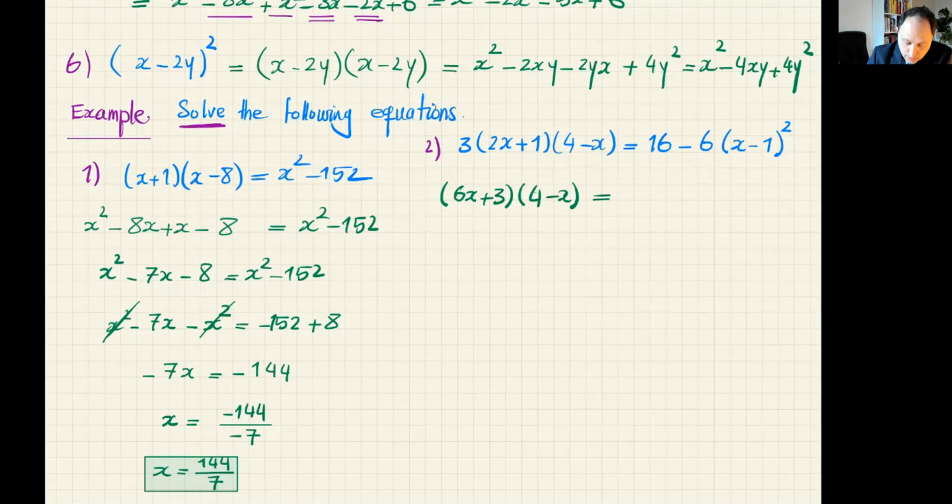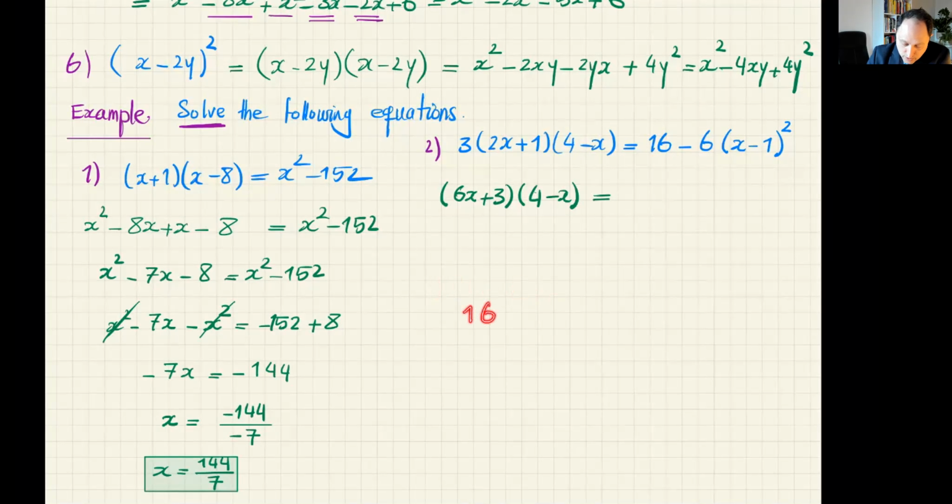I put equality. Don't be tempted. I don't know, might be some of you simplified these 2 first and wrote 10. If that is the case, let me explain that this is not possible. If I give you 16 minus 6 times 5, for example, let me make it simple.